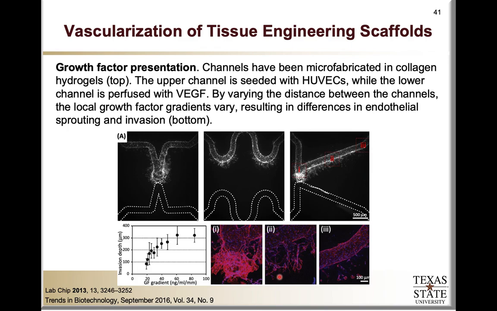This is another example where the top channel was microfabricated in a collagen hydrogel. The top channel was seeded with human umbilical endothelial cells, and the lower channel was perfused with vascular endothelial growth factor.